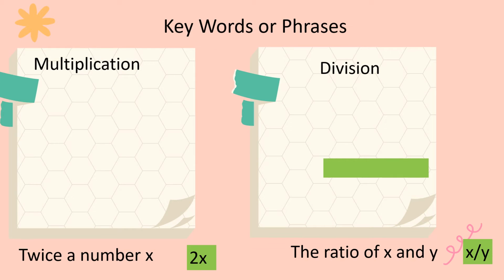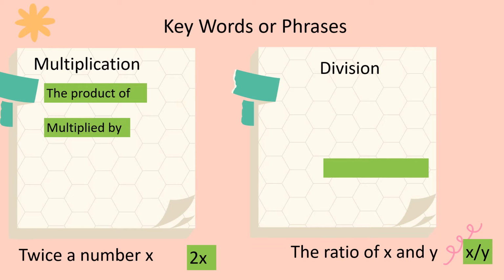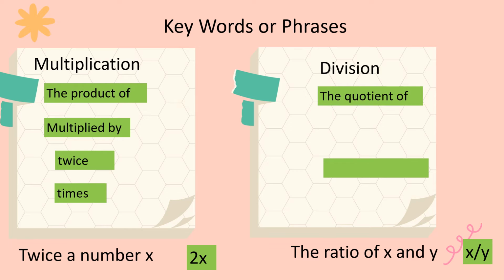Now for multiplication, we have the product of, multiplied by, twice, times, or you can have thrice or 4 times, 5 times, like that. The quotient of, for division, divided by, the ratio of. Now, let's have this one.